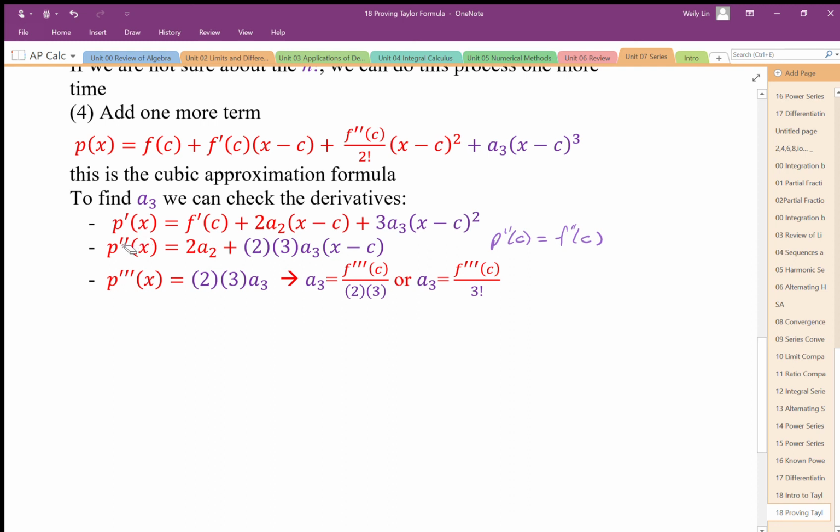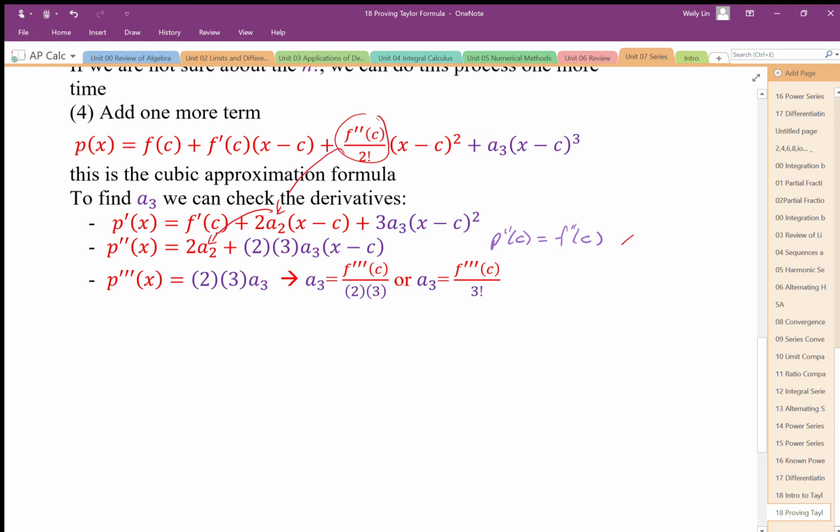As we differentiate this, the 2a2 is my second derivative. That term is that term there. When I plug in c, I get c minus c, which is 0, so my second derivative is confirmed.